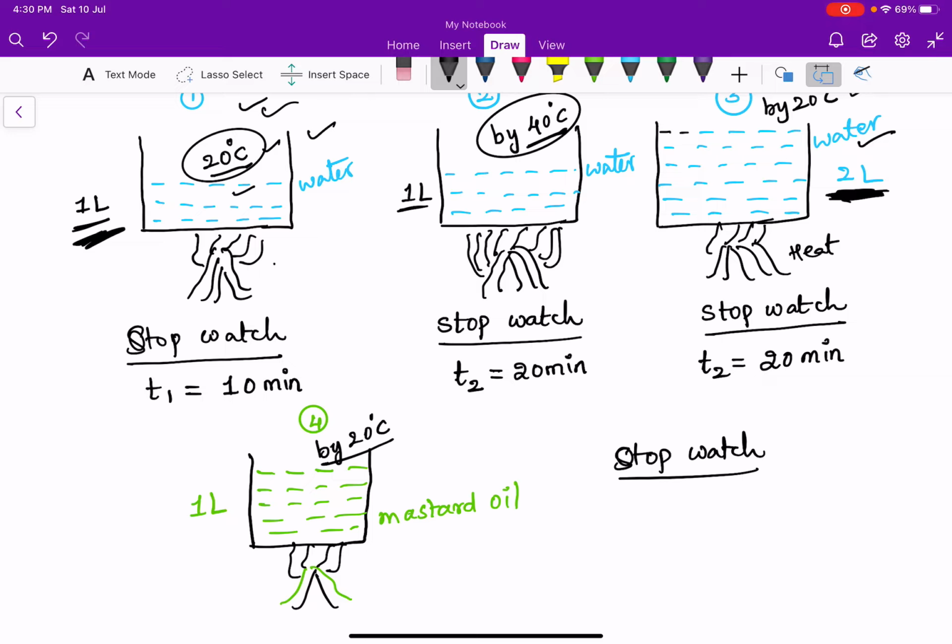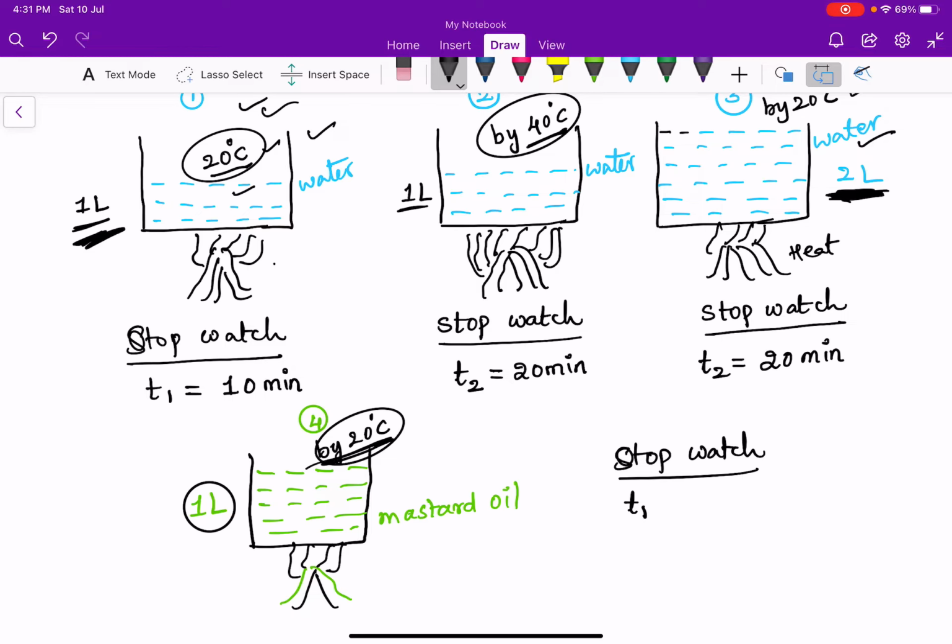Here the temperature difference, I am raising the temperature by 20 degrees Celsius. So in this case the amount of time taken would be less. That means the amount of heat energy that we need to supply to raise the temperature by 20 degrees Celsius, if the substance is changed to mustard oil, let the time taken in this case for 1 liter of mustard oil to raise its temperature by 20 degrees Celsius, let us consider the amount of time taken.